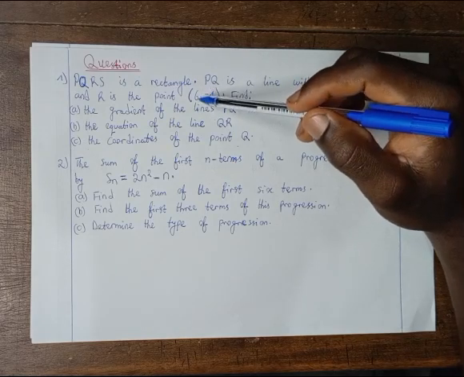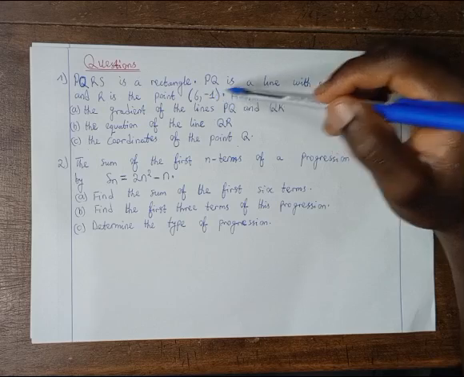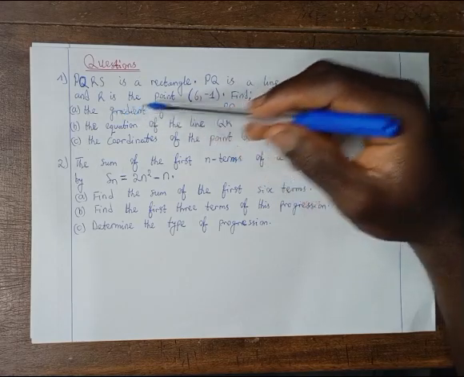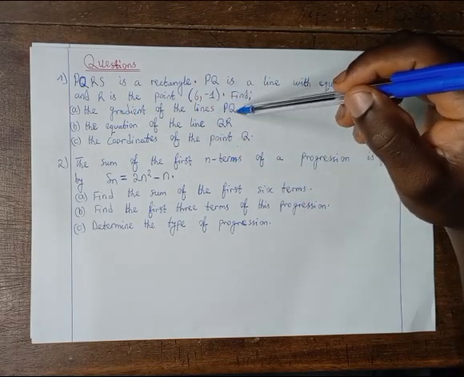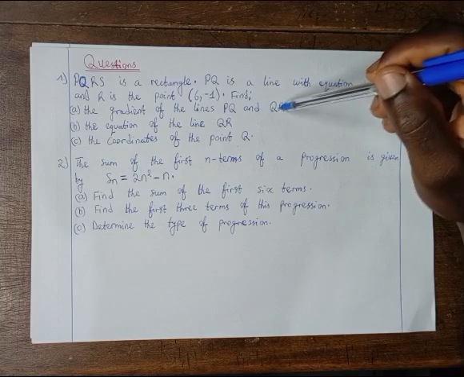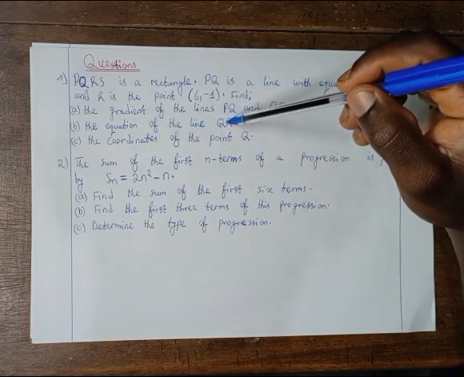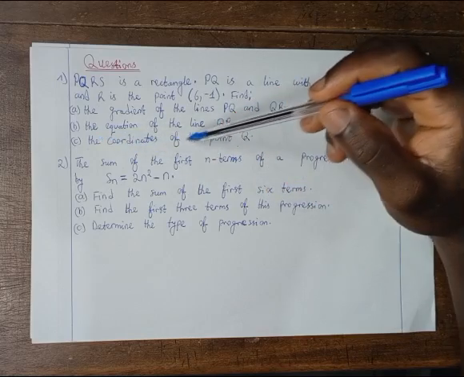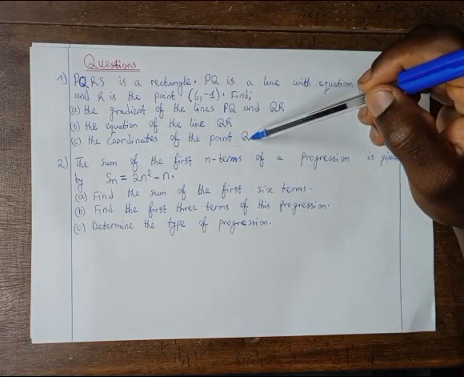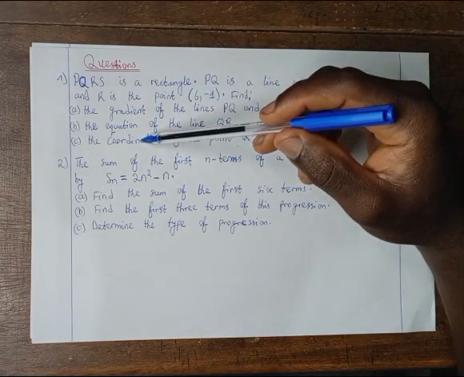The x coordinate is 6, y coordinate is negative 1. Find the gradient of the lines PQ and QR, the equation of the line QR, and the coordinates of the point Q, that means the x and y coordinates.